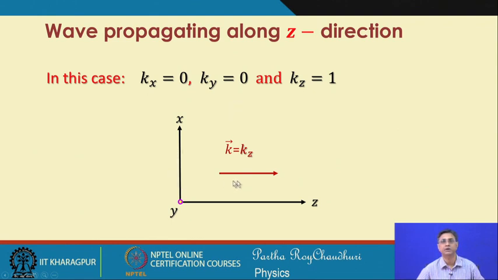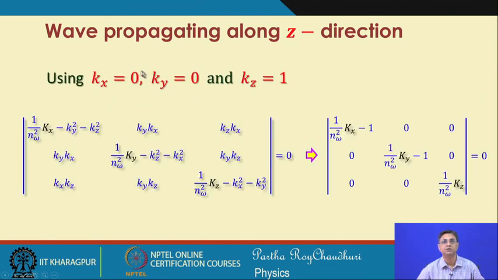Therefore the wave is travelling in the z direction, as you can see in the schematic representation of the wave propagation. So, we use these values k x equal to 0, k y equal to 0, but k z equal to 1.